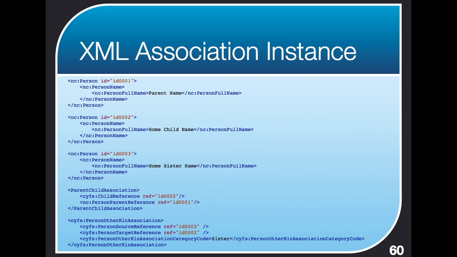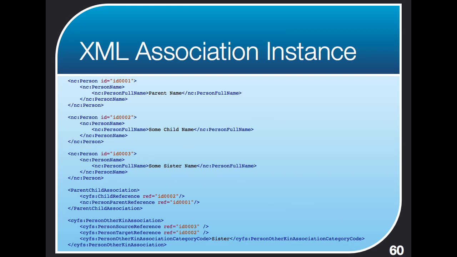That points to 0003, that's the third person, that's the sister. So the sister is the source, and then there is the person target reference, which points to ID 0002, and that's the child in the center of the diagram we've been talking about.